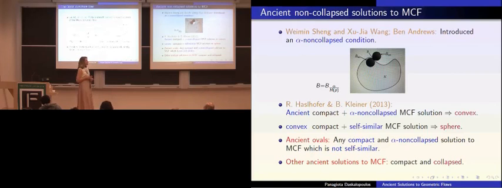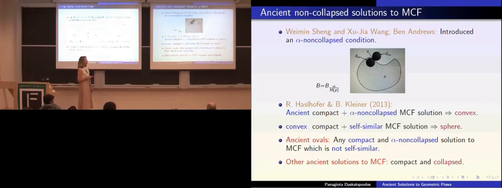So what it means is, let's say you have a compact solution, which is the boundary of a compact body K. This alpha non-collapsed condition means that at each point p on your compact surface, you would like to put a ball from inside and outside of radius alpha over H, where H is the mean curvature of the surface at the particular point p.